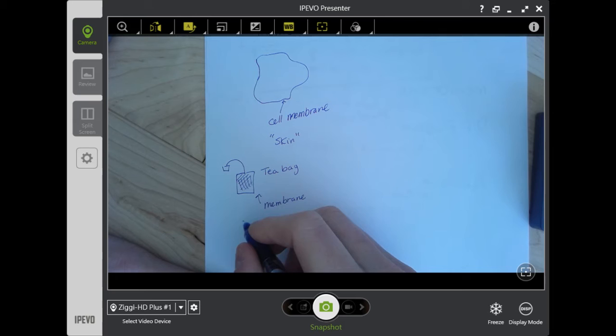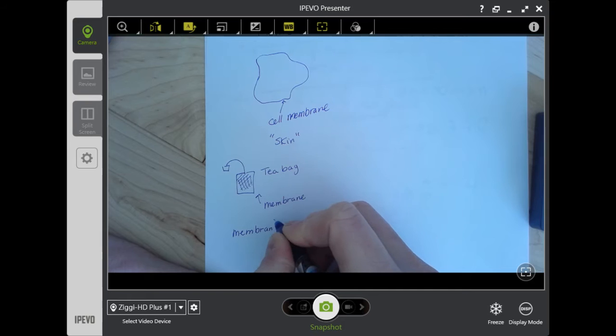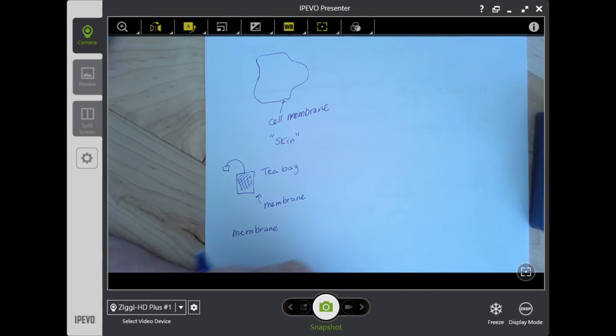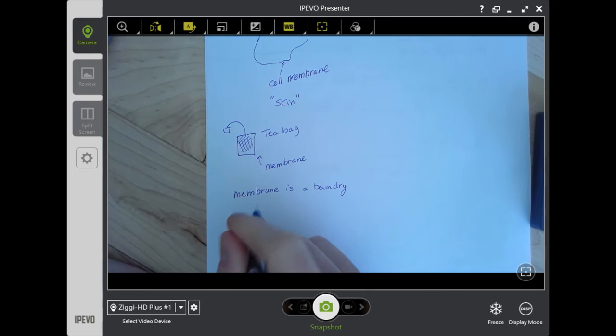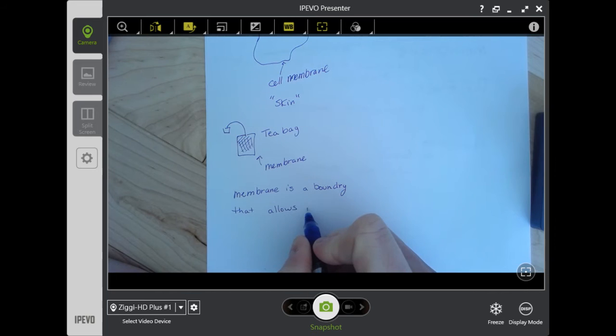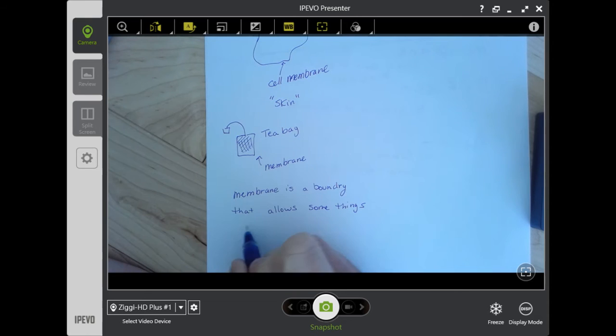So let's define a membrane. Membrane is a boundary, which is usually on the outside of something or dividing two things, which we'll see next, that allows some things through, but not others.